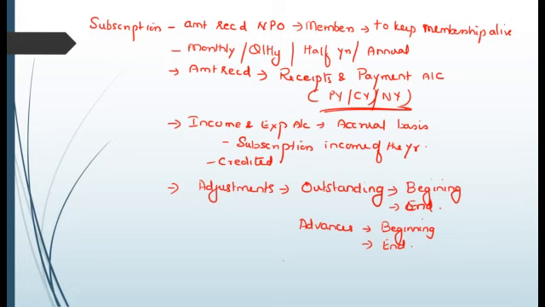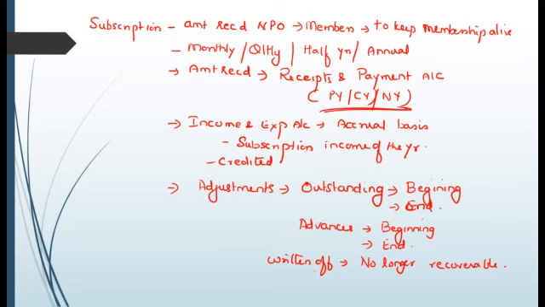In addition, sometimes some subscription is required to be written off, meaning it is no longer recoverable. If it becomes known to the NPO that a particular subscription has been long pending and is not likely to be recovered, then it is to be written off.